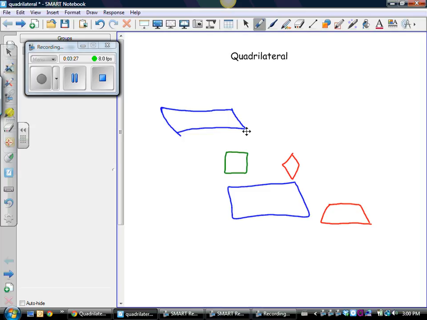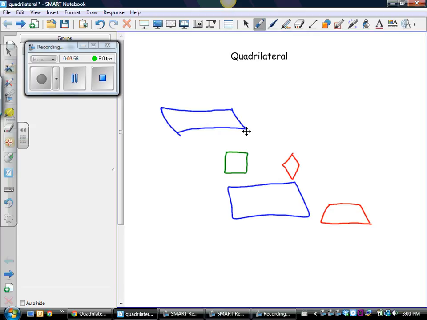So, I wonder, do you think that all quadrilaterals have the same number of vertices? And how could we tell? What do you think? Let's see if you're right.